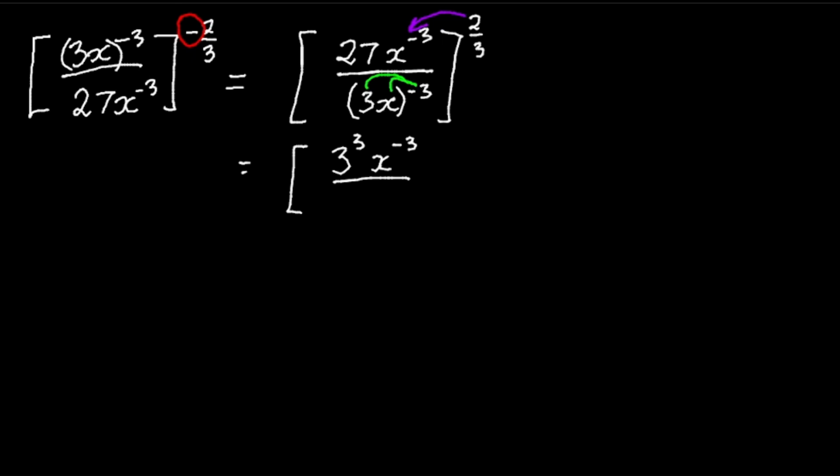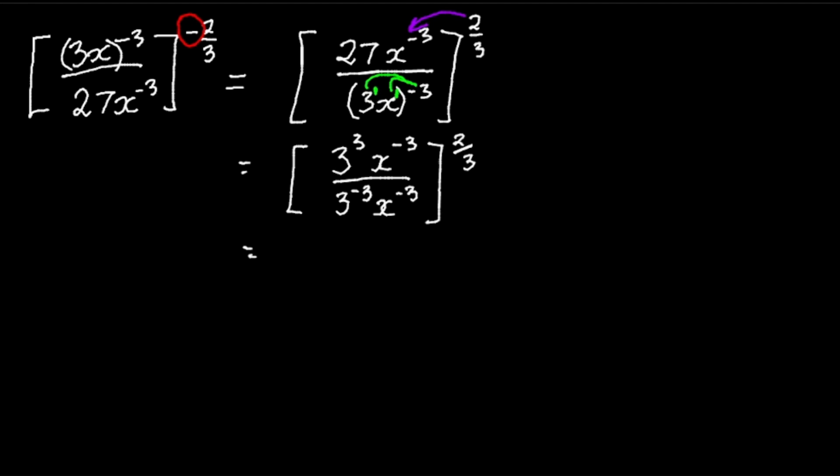So here is the same as saying negative 3 multiplied by 1, because there is an exponent of 1 here and there is another exponent of 1 there. So we are going to be having 3 to the power of negative 3, x to the power of negative 3. We still have our 2 divided by 3.